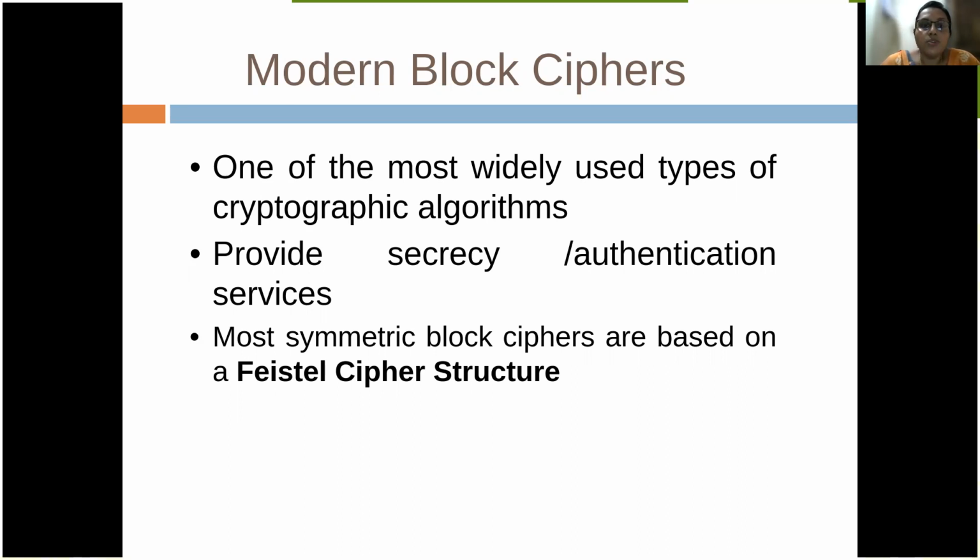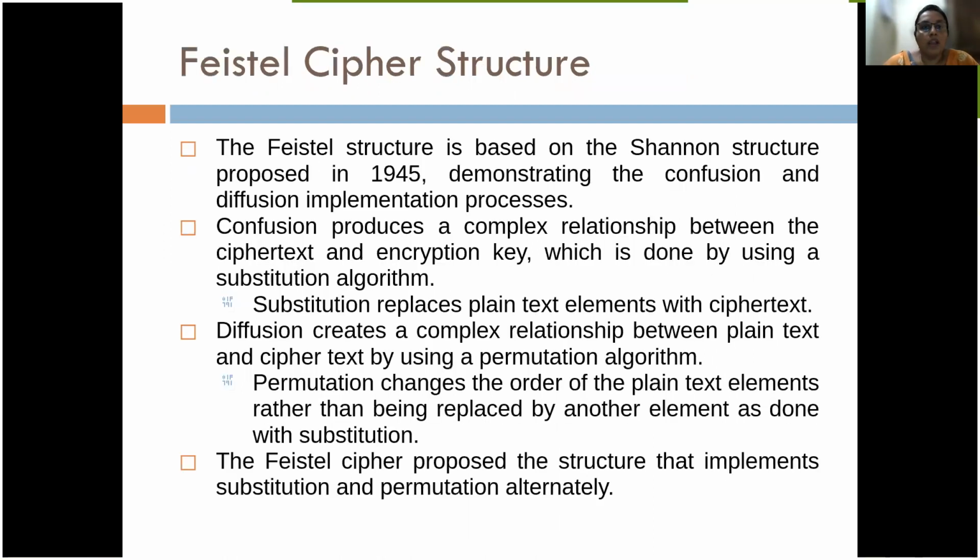So in both cases, you will see that basically block ciphers, symmetric cryptographic algorithms, use the Feistel cipher structure. So we are just going to introduce what the Feistel cipher structure is. The Feistel cipher structure itself is based on Shannon's structure.